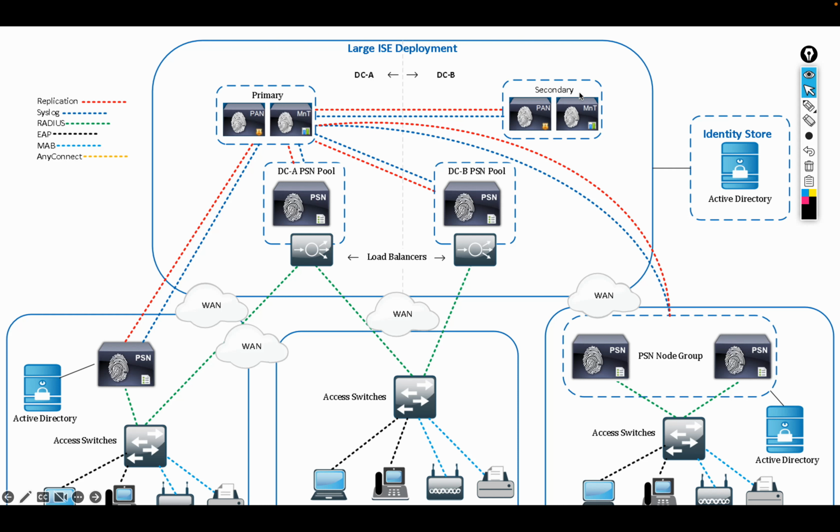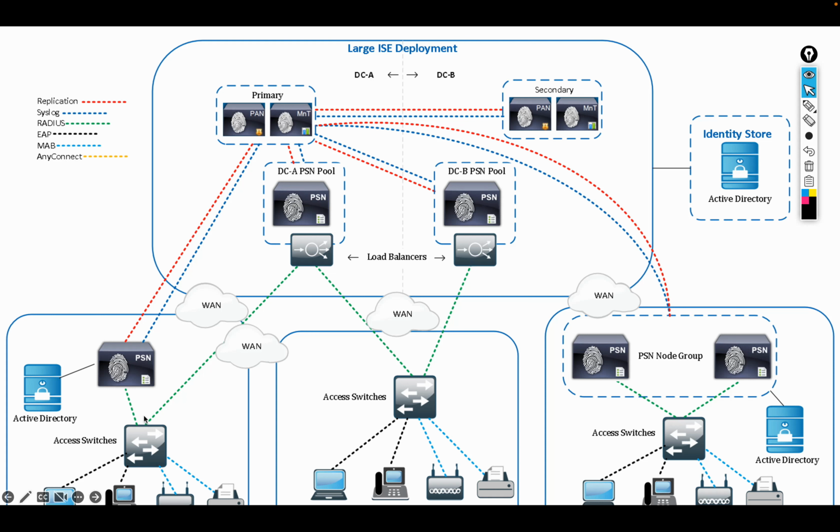And usually these monitor nodes, because of the size of the deployment, have more capability, like more vCPUs, or if it is appliances, the 3695 is the biggest one, a more powerful box with more processors and more memory, and use the PAN only to administrate. And we have the two PSNs here, same thing, but we can use load balancers here, for example, to load balance this.